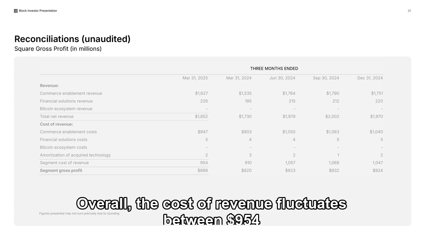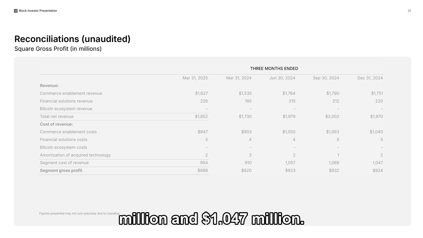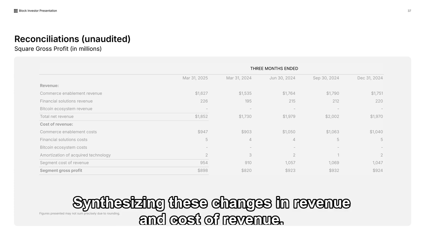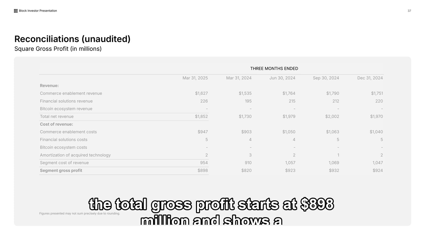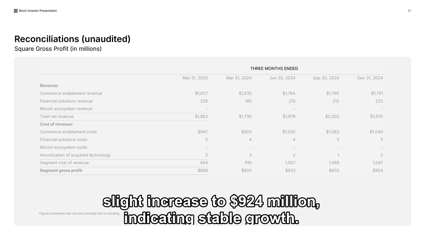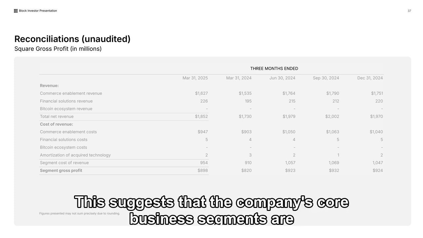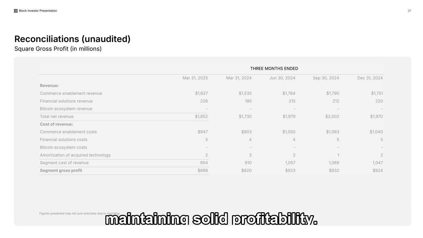Overall, the cost of revenue fluctuates between $954 million and $1,047 million. Synthesizing these changes in revenue and cost of revenue, the total gross profit starts at $898 million and shows a slight increase to $924 million, indicating stable growth. This suggests that the company's core business segments are maintaining solid profitability.